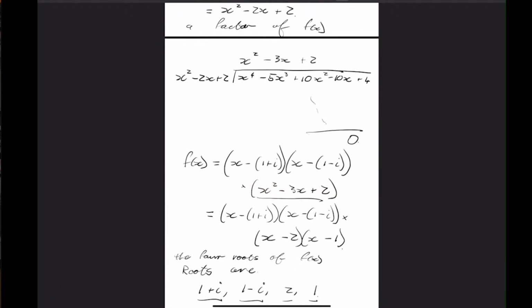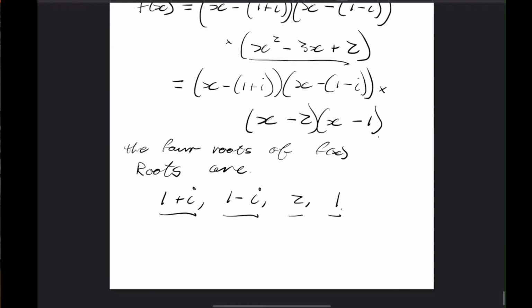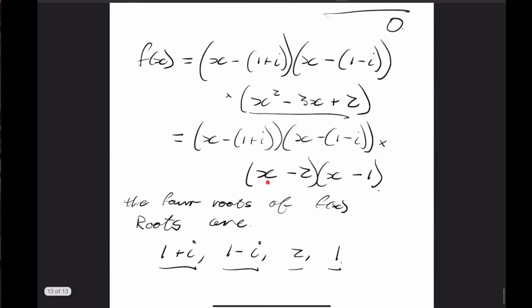And luckily enough, this quotient factorizes fairly easily into x minus 2 times x minus 1. Okay, so that is the final example that we will discuss.